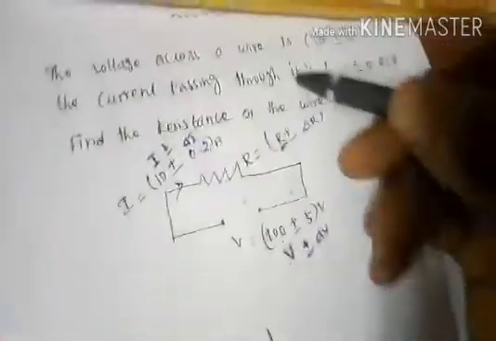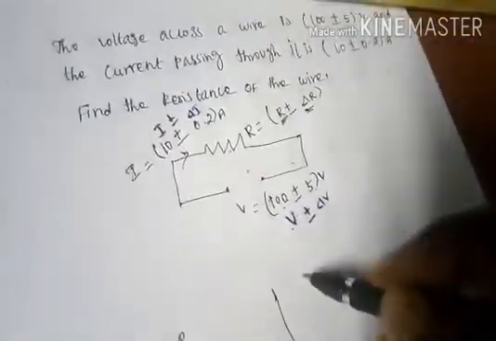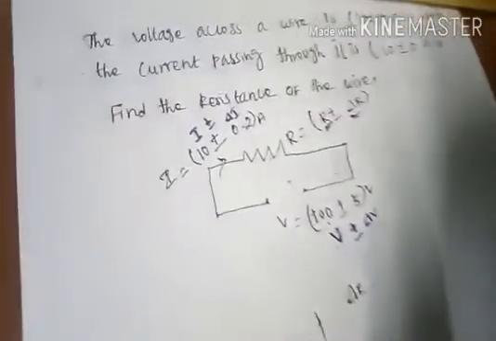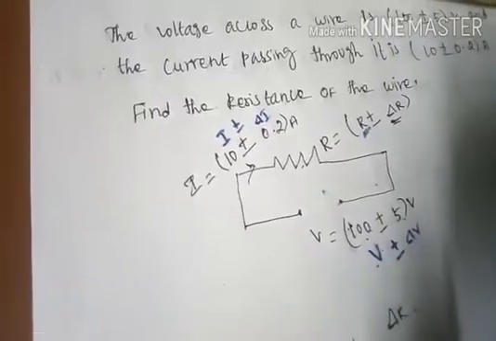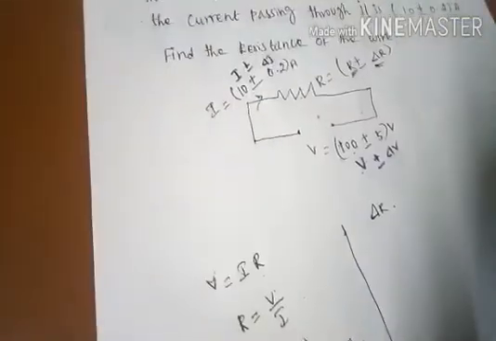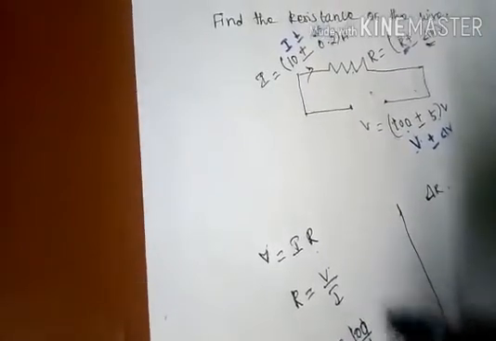Next you will find out the error of the resistance, that is delta R. For that we have to use the formula for error in division. So this is error in division of two quantities.